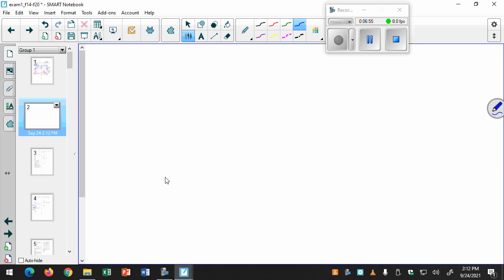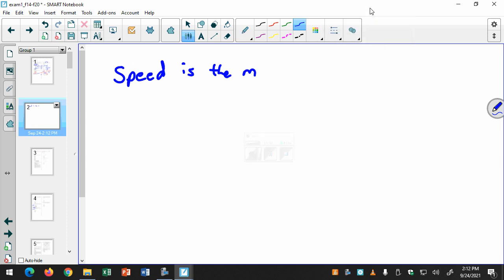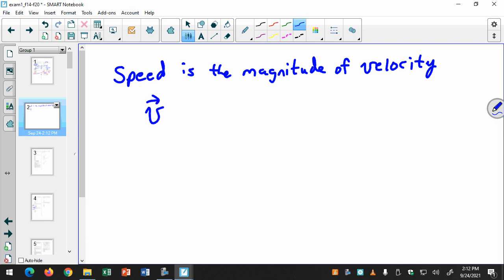Yeah, sure. Speed is the magnitude of velocity. So far we've only been working in one dimension, and so when we give the velocity, we say that it's plus or minus, let's say minus 3 meters per second. In this case, this is the direction, and this is the magnitude.